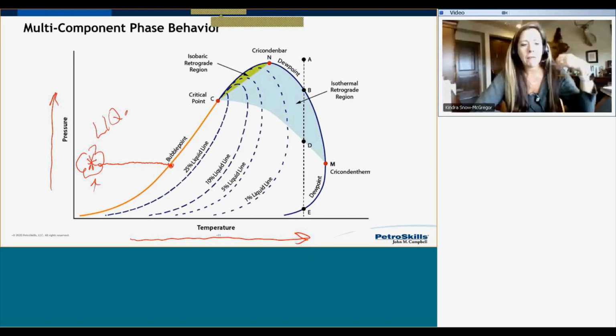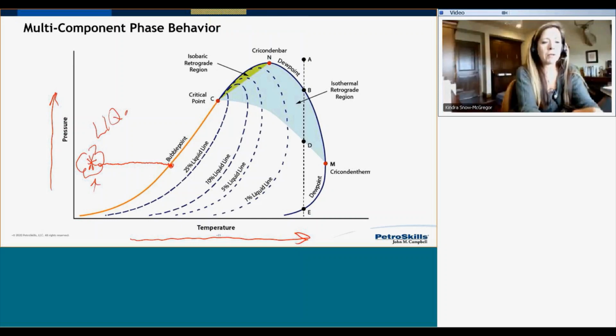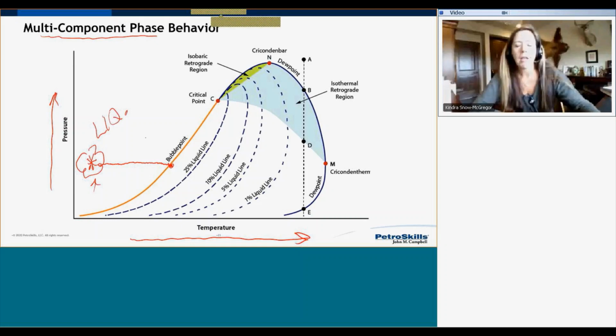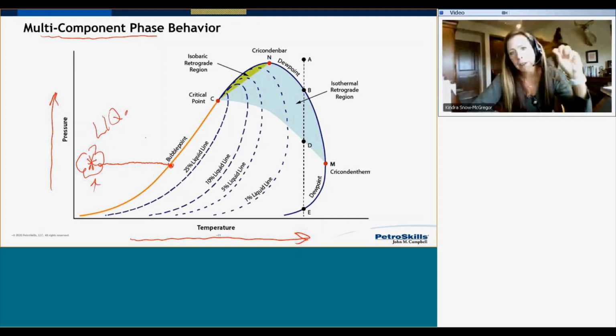If I think about a multi-component hydrocarbon system, I know I'm always going to have some amount of methane, I might have some ethane, etc., but it's going to be that light end that very first pops out of my liquid composition to create the first bubble.